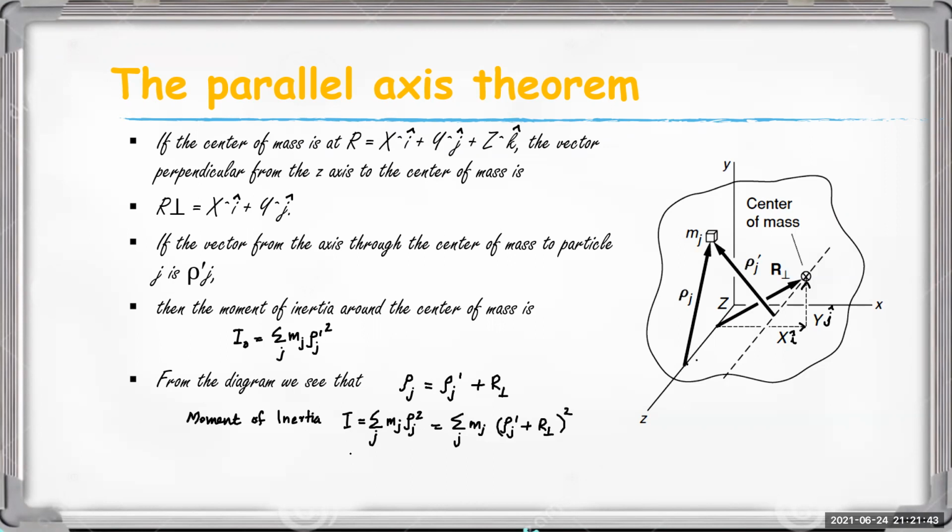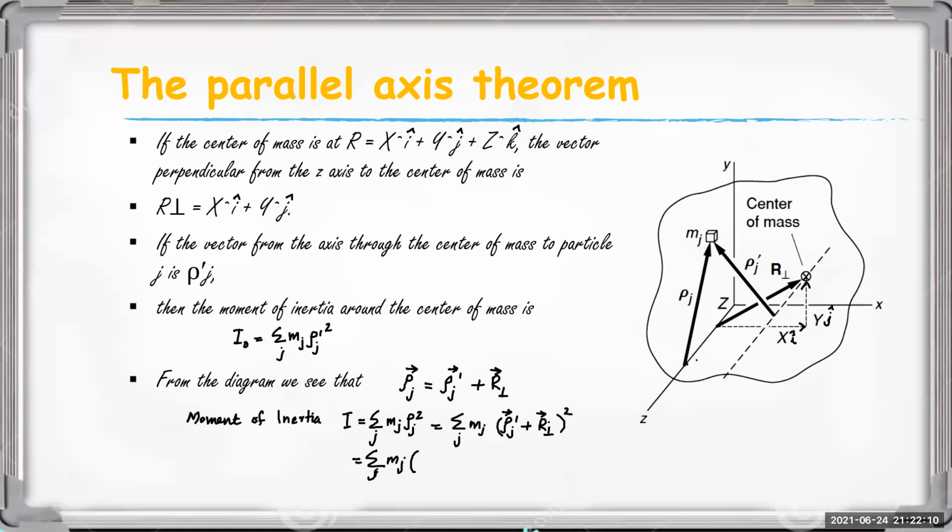Okay. Then we are finding summation j mj. If we expand it here, keep in mind that this is a vector, this is also a vector.